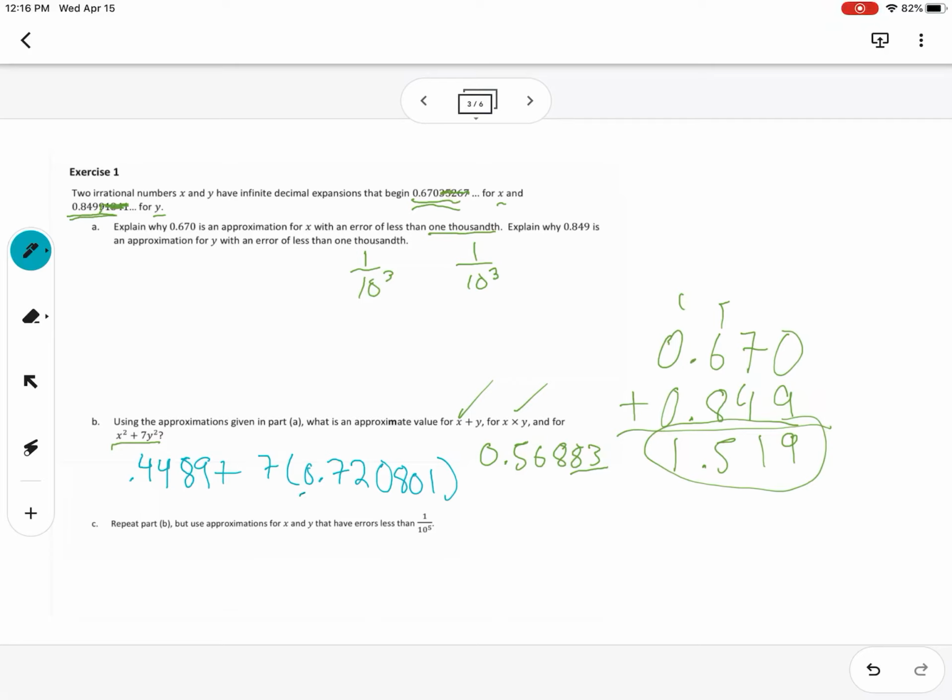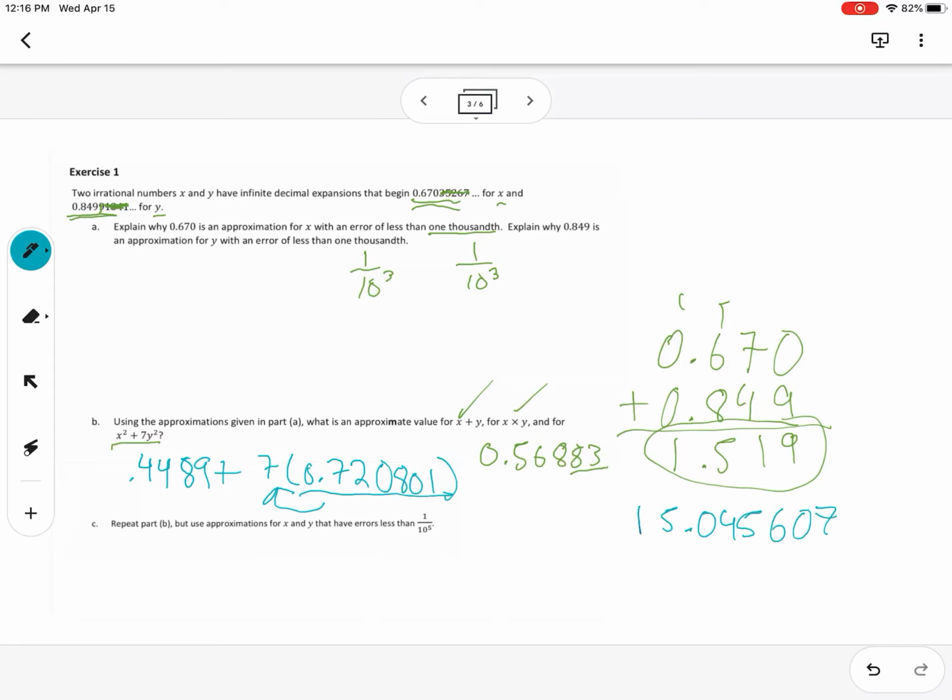I'm going to take this, and now I multiply it by 7 because that was my next step in order of operations. When I multiplied that by 7 in my calculator, I got 5.045607.